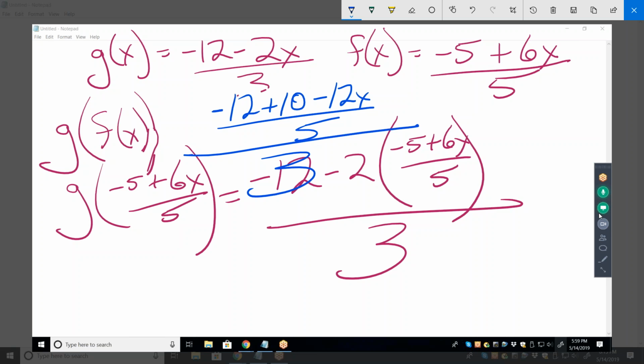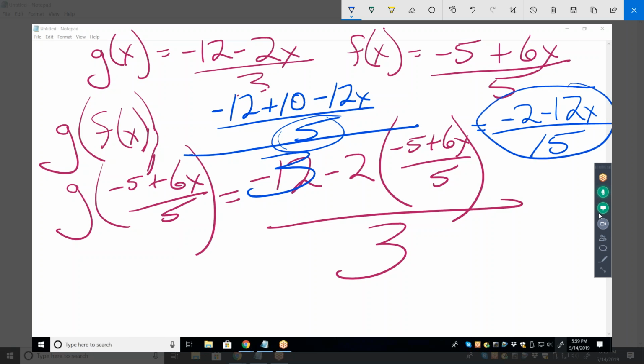Is that going to end up being equal to x? Let's see, we have minus 2 minus 12x in the numerator, divided by 5 divided by 3 is 15. That's not x. That means this is not an inverse of that.